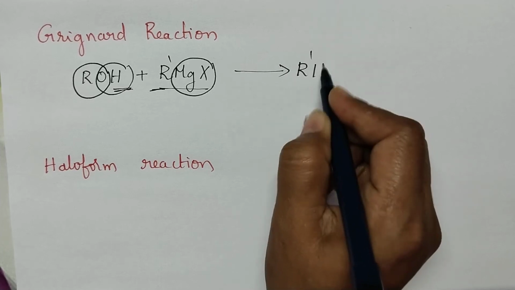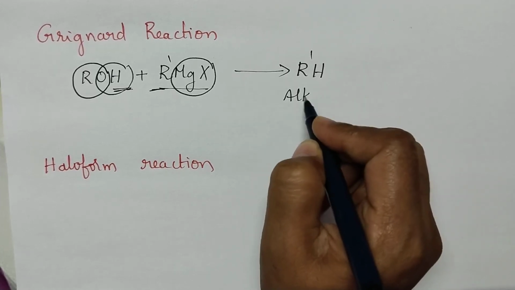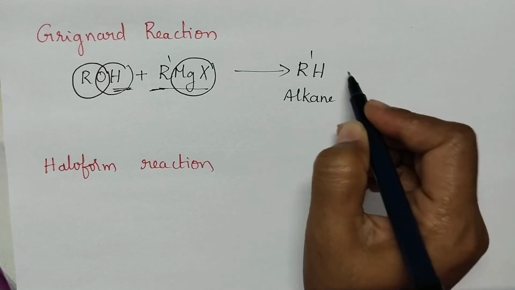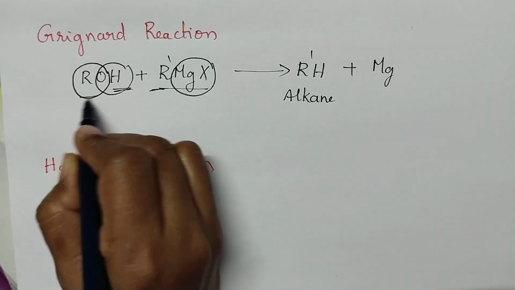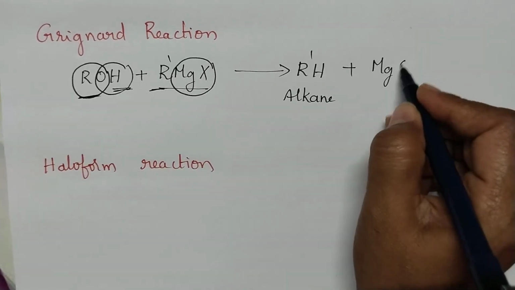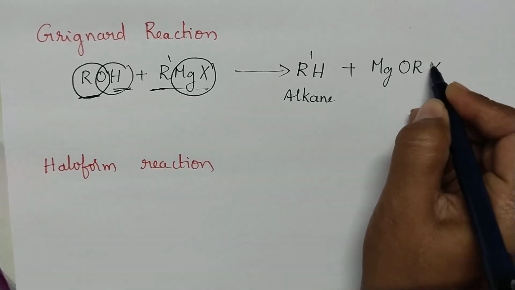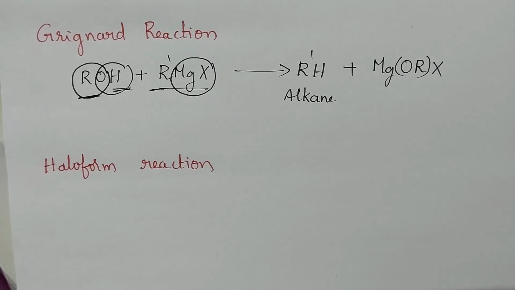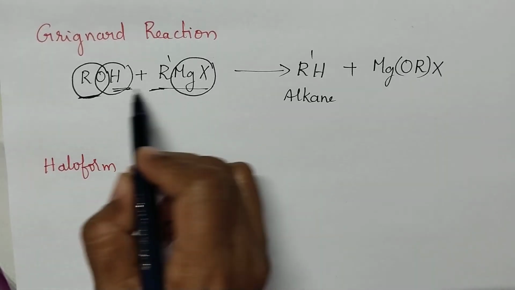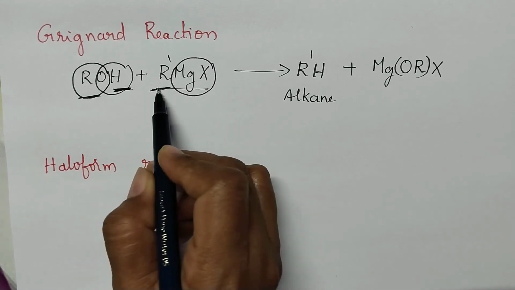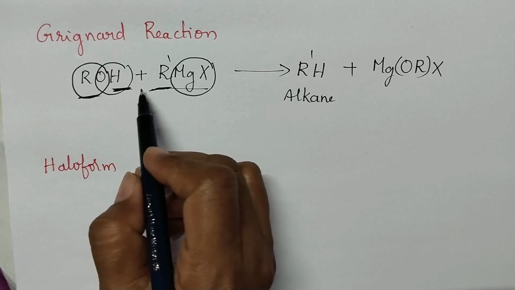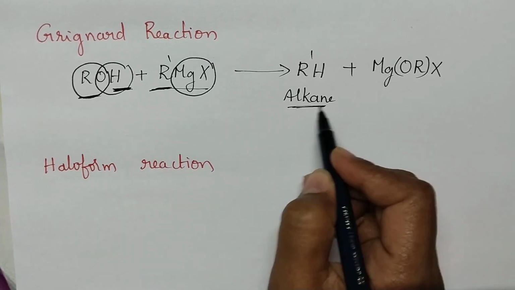That means it results in the formation of alkanes. Just this OR group will be inserted between Mg and X. So during Grignard reaction, what happens? Just hydrogen from the alcohol reacts with the alkyl group and it results in the formation of alkane.